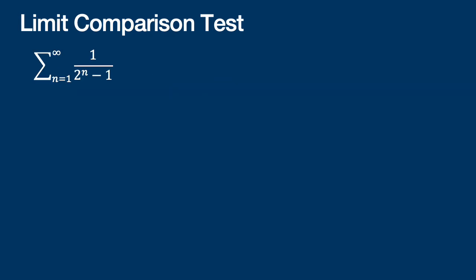Let's have one example, guys. So we talk about this one. We cannot use direct comparison because, look at this, an is 1 over 2n minus 1 and bn is 1 over 2^n. This bn is not always greater than an. Actually, an is greater than bn.